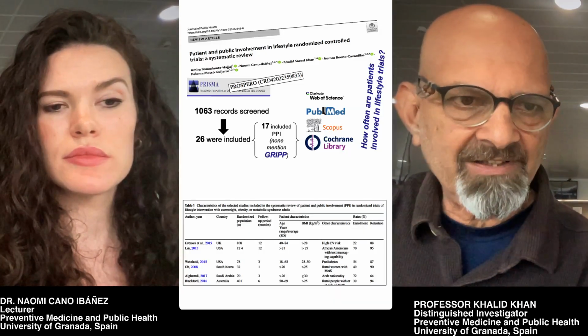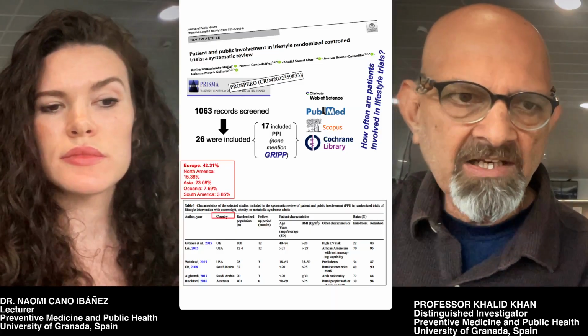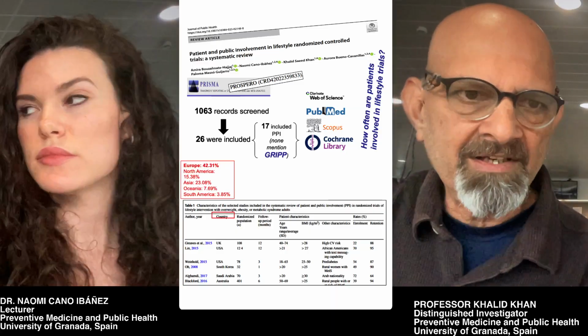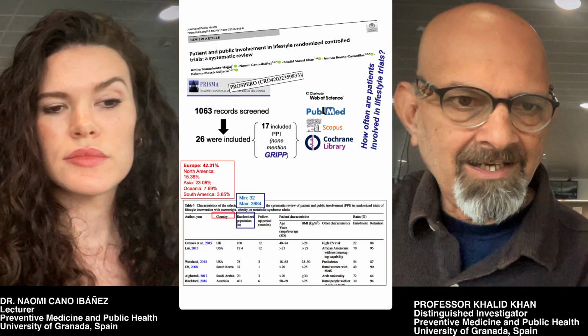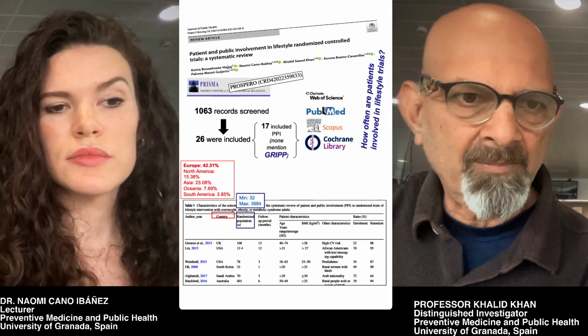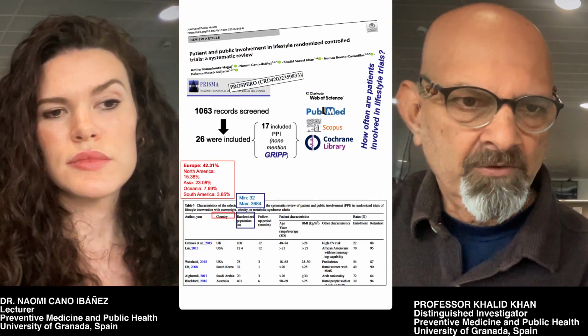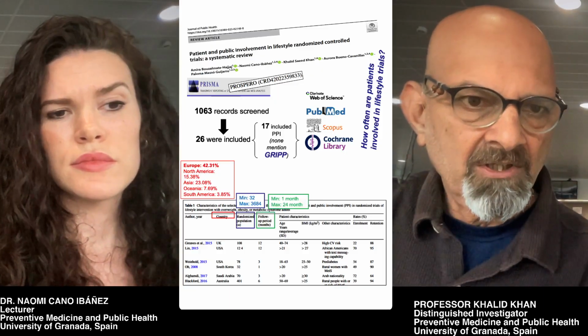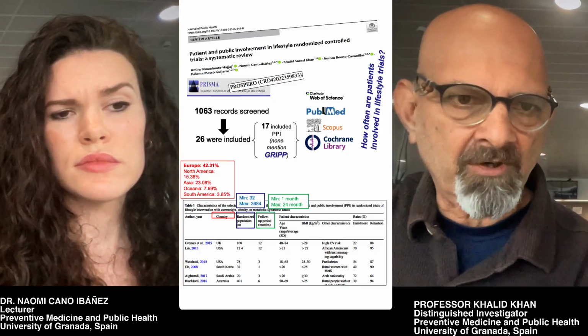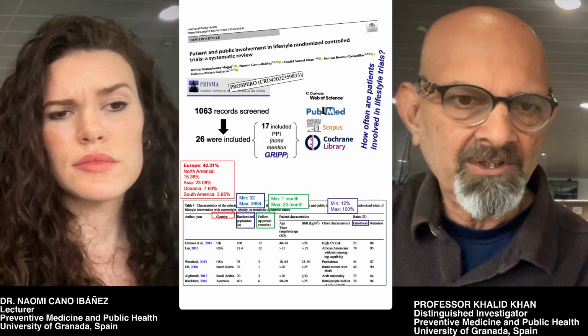But here we can see that the included trials mainly came from high-income country settings. The number of people taking part ranged from 30 to over 3,500. The duration of follow-up varied from a month to 2 years.